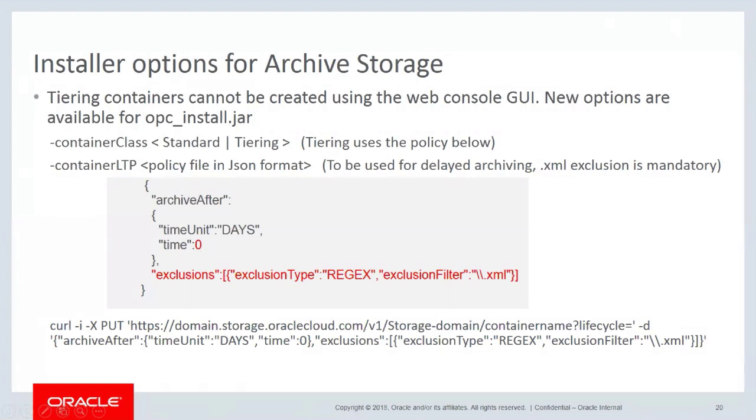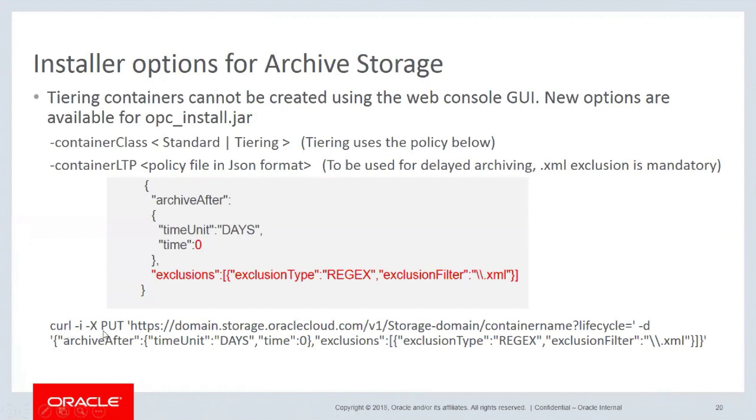If you don't want to use the installer, or if you want to use a different option, like the example I made before, where you want the data to remain in object storage for 7 days, because if I have to restore, more likely I will have to restore the last version, so I want it to be quickly available and I won't wait for hours, and then after that, I'm okay with moving them to archive, then you should use curl, for example.